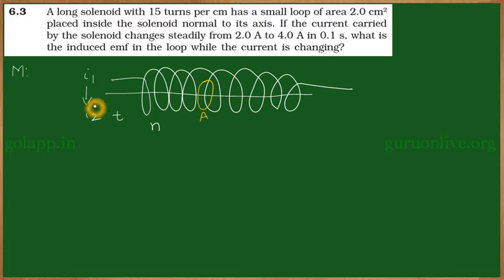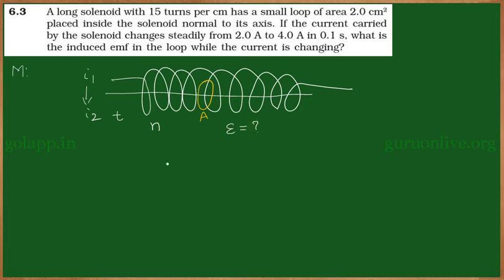Due to this change in current, there is a change in flux passing through this solenoid as well as this loop. Whenever a change in flux is experienced by this loop, there exists some EMF in the loop. So we need to find out that EMF.